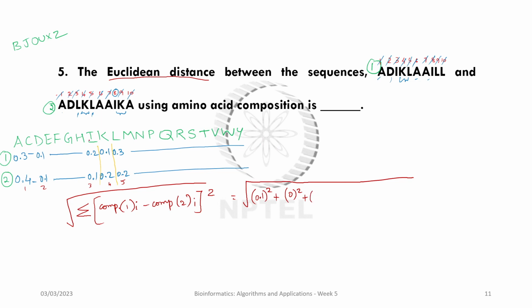This is for A, this is for T. For I you have 0.1 again squared, plus for K you have 0.1 squared, plus for L you have 0.1 squared. So this is useless. It will be 0.01 four times: 1, 2, 3, 4.